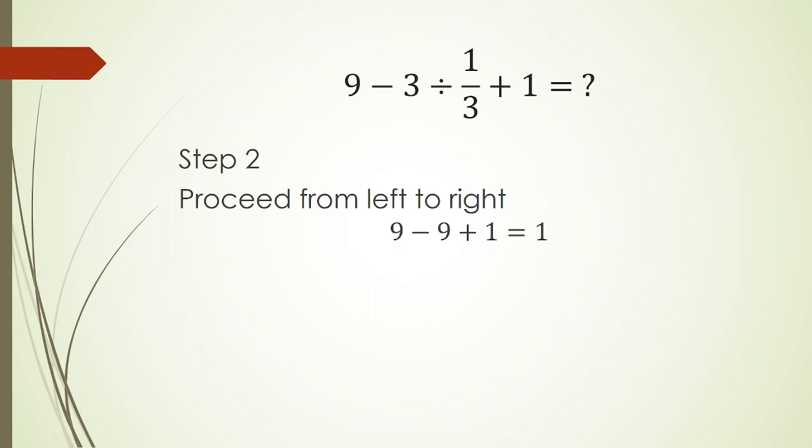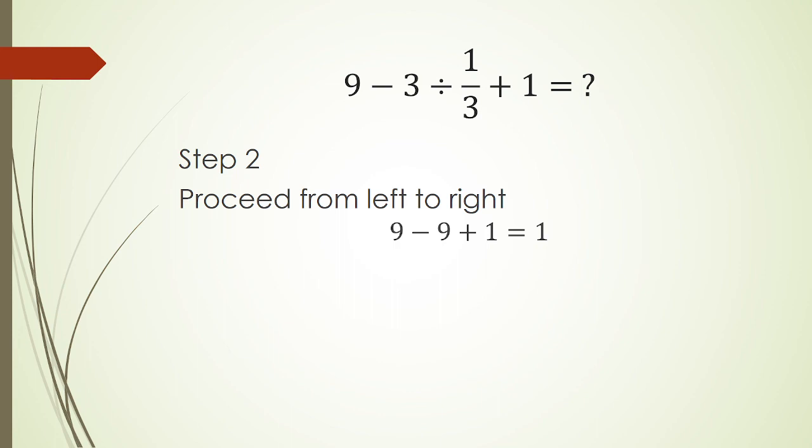Marami pang dimensions nung error dito sa problem na ito. Ang unang area ng mali nung iba is doon sa division ng whole number and fraction. Dito naman, meron pa ring iba na would prefer to operate first on the addition part, and then after that would be the subtraction.